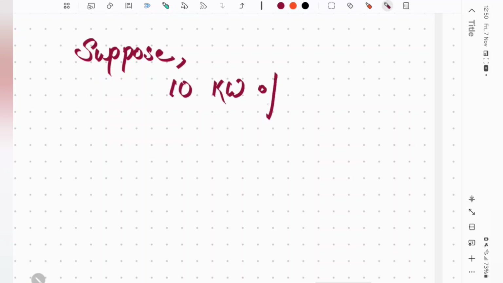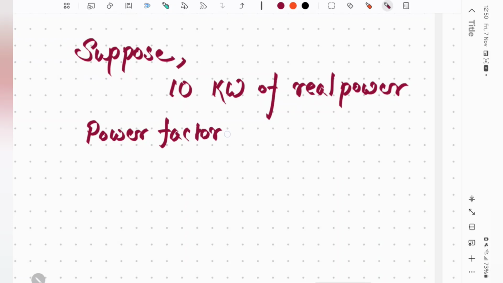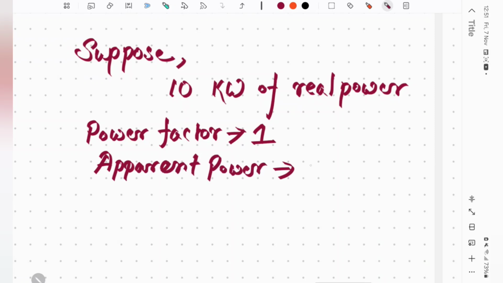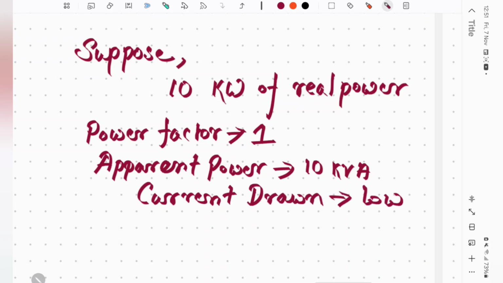Suppose your load requires 10 kilowatt of real power. If the power factor is 1, in that case the apparent power will be 10 kVA, and the current drawn will be low.